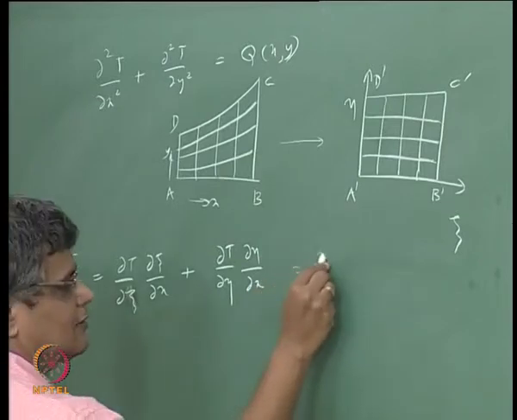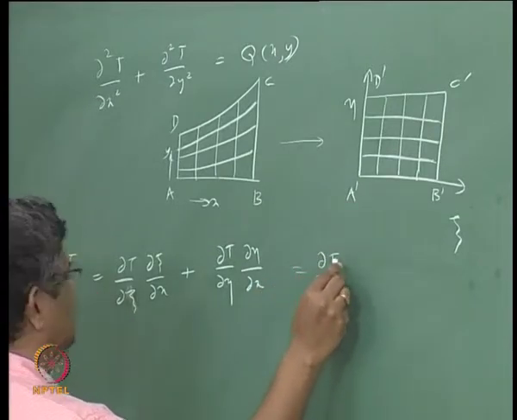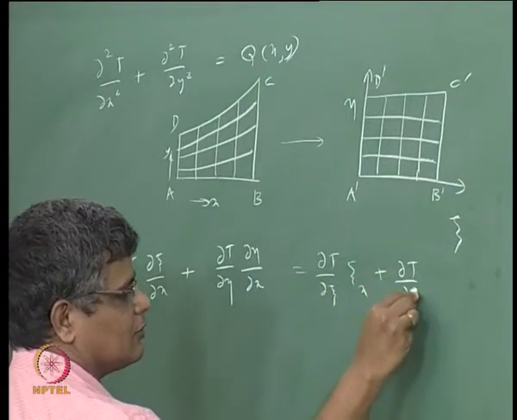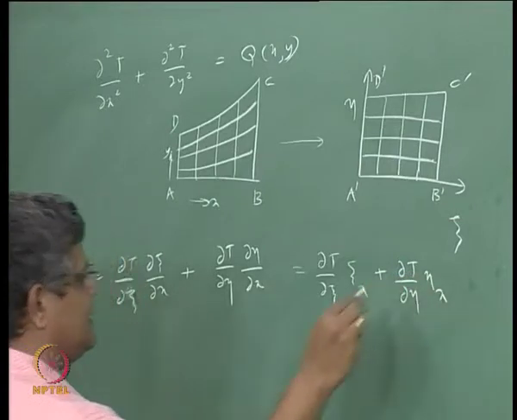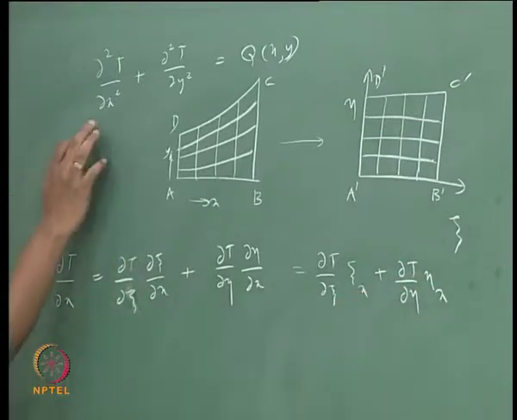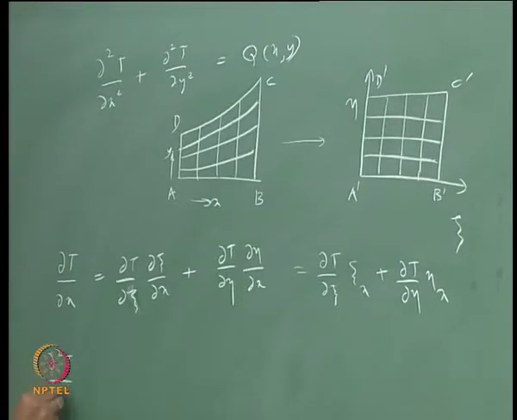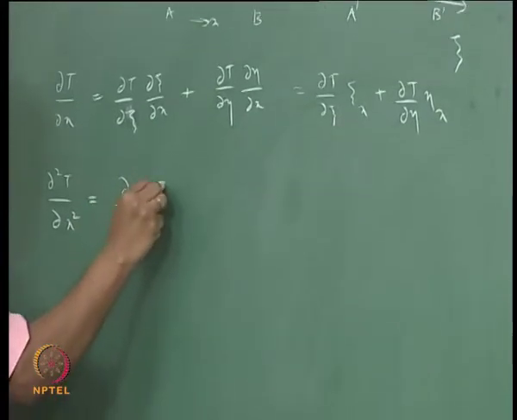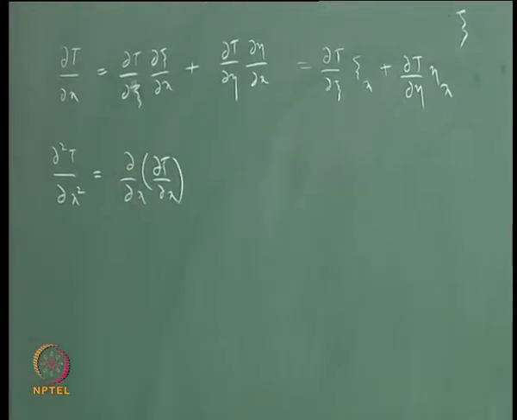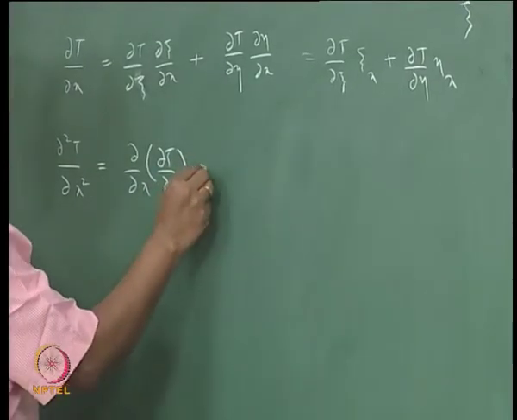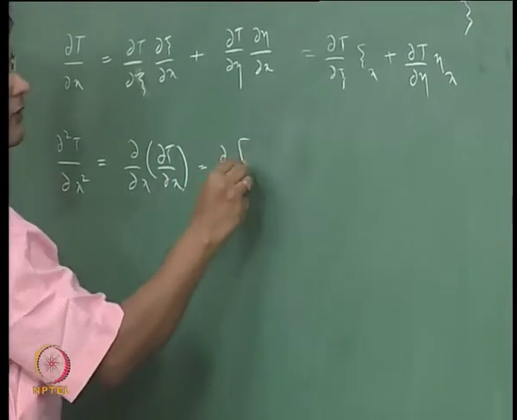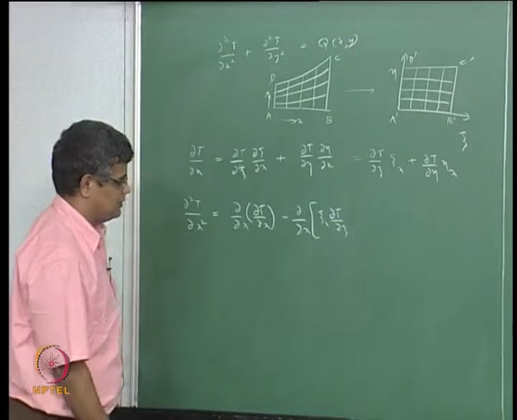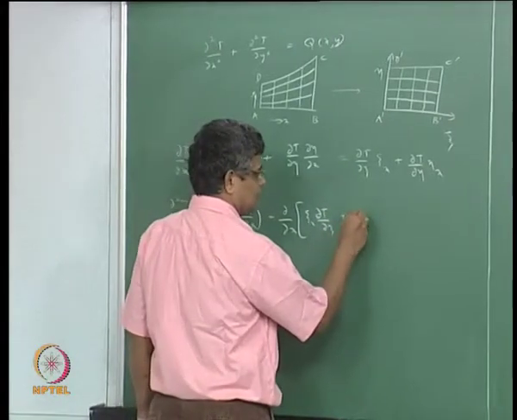And what we want is dou square T by dou x square. So that is dou by dou x of dou T by dou x, and dou T by dou x is given by this. So this is dou by dou x of psi x dou T by dou psi plus eta x dou T by dou eta.